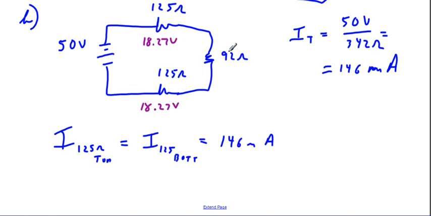And then I ask myself, well, what's the voltage across that equivalent guy? So 50 minus 2 times 18.27, and I end up with 13.46 volts.